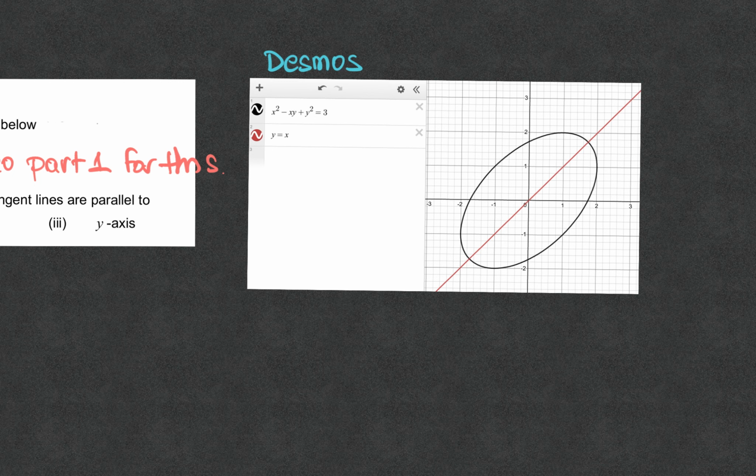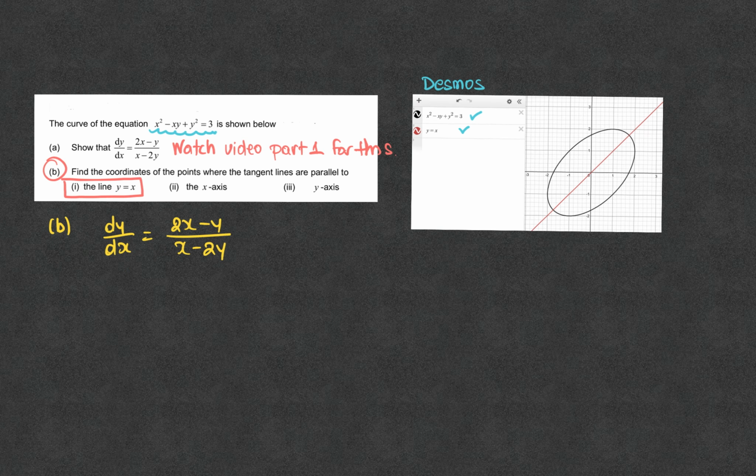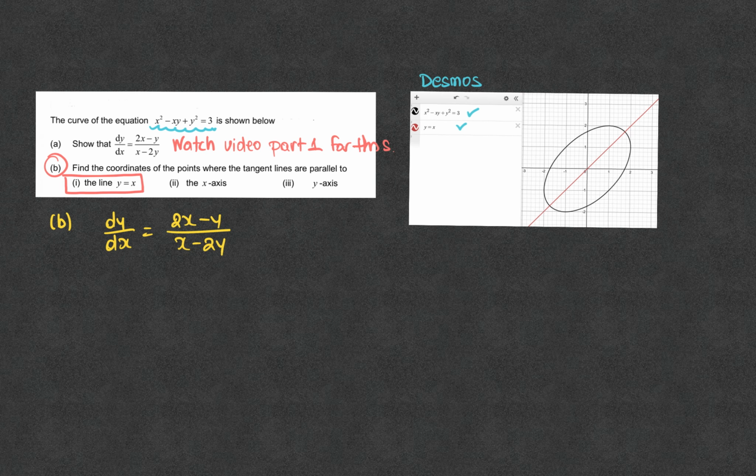So what you can see there is the relation that you're working with and y equals x, and let's read the question together so we understand what's going on. We want to find the coordinates of the points where the tangent lines are parallel to y equals x. This is my y equals x.